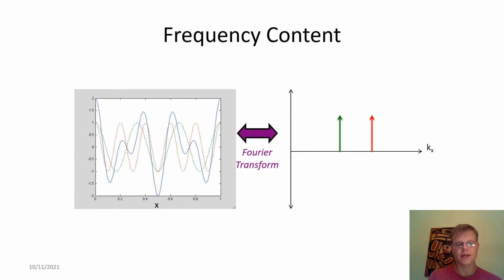The blue line indicates the sum signal of these two different frequencies, a green and a red frequency. If we took the Fourier transform of the signal, we get something like that on the right side, where we'd see a peak both at the lower and at the higher frequency here.